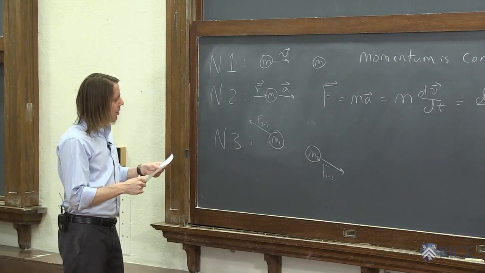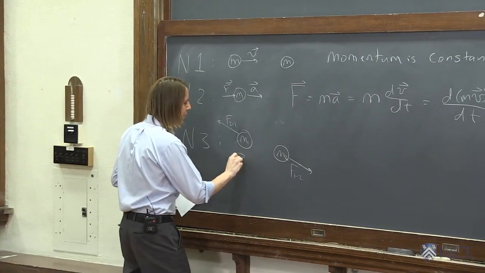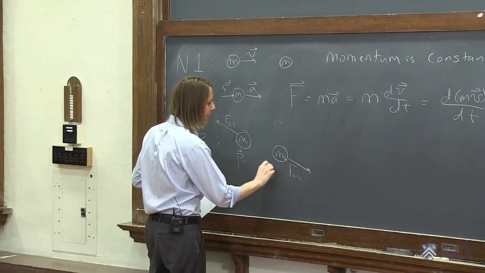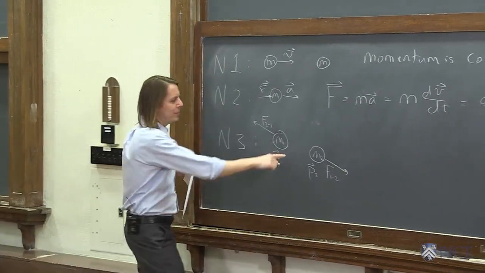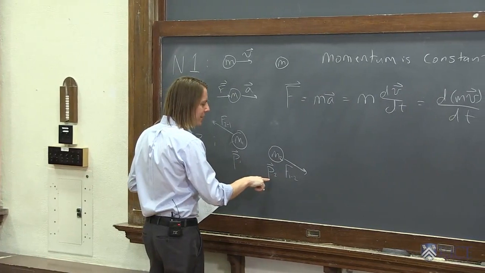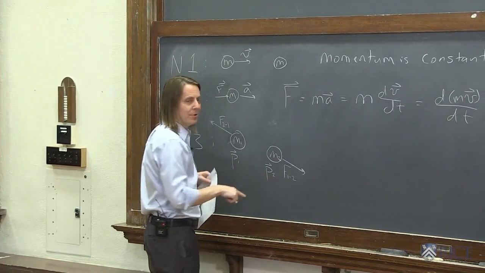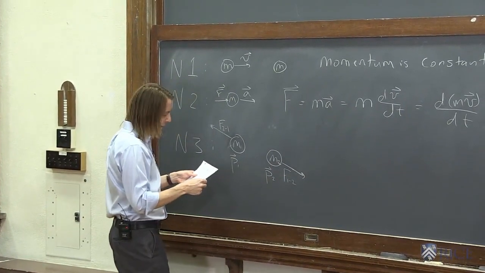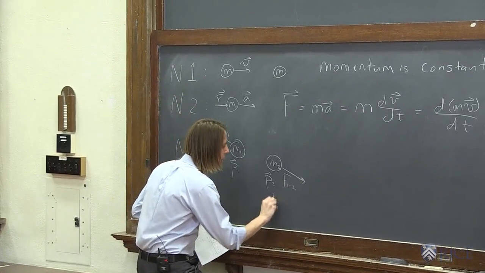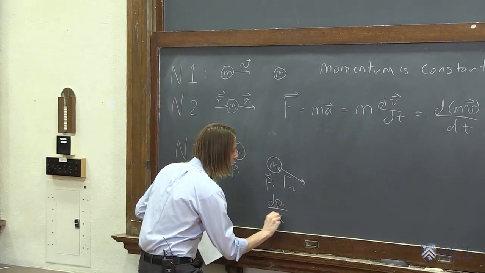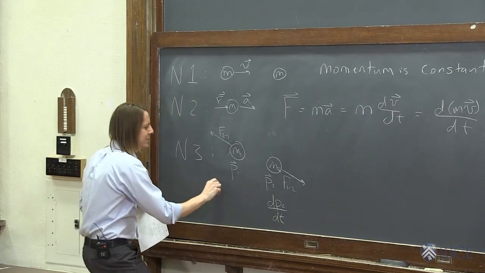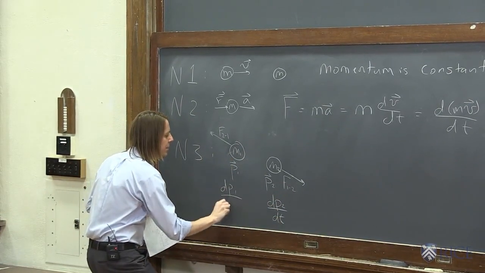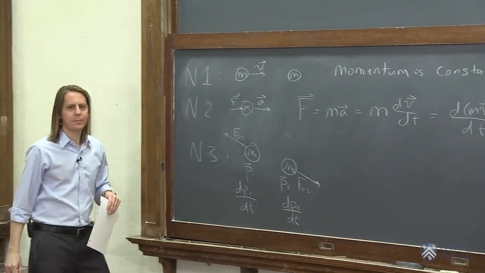We could also say this one has momentum P1, and this one has momentum P2. If they feel these forces, then this one has a change of momentum dp2/dt, and this one has a change of momentum dp1/dt.